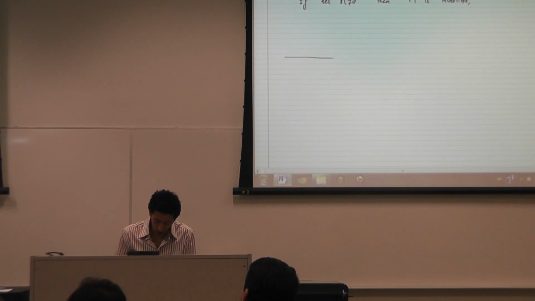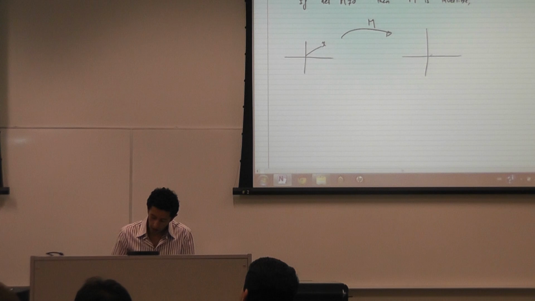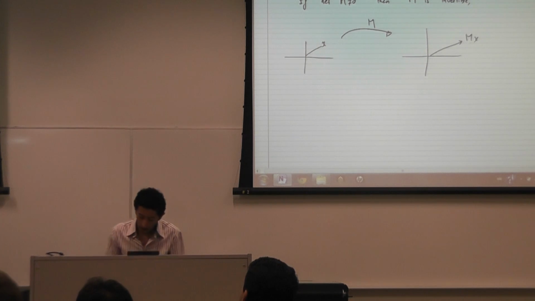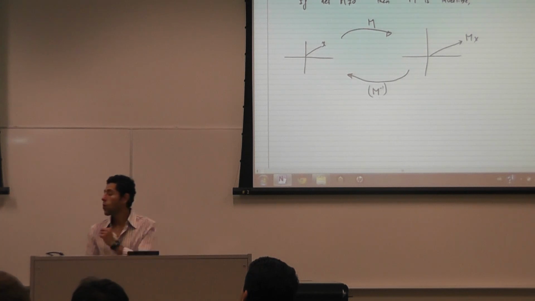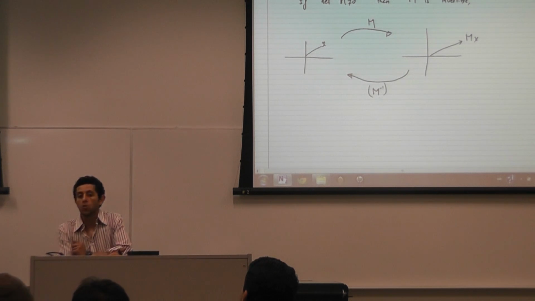It means the following. If this is X, then there's a matrix M. There's a vector here, it's called Mx. For every Mx, I can find another matrix. I'm going to call this matrix M minus 1. It's not 1 over M, it's just a matrix that I call M minus 1.